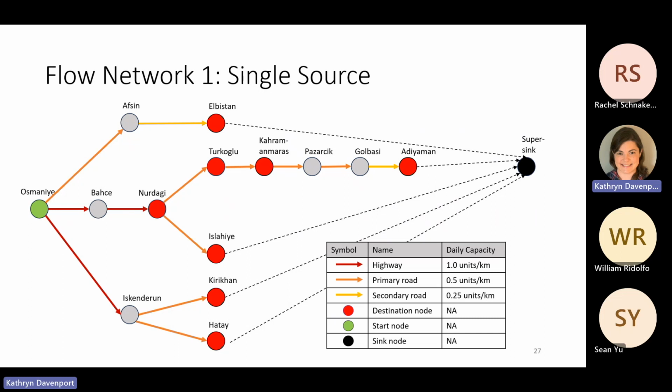Edge capacities, I arbitrarily assigned capacities based on distance and whether the road was a highway, primary road, or secondary road. So I assumed 1 unit per kilometer for highway, 0.5 units for primary roads, and 0.25 units for secondary roads. There were multiple destination nodes that are also sinks. So to deal with this, we create a super sink node with incoming edge capacity set to infinity.